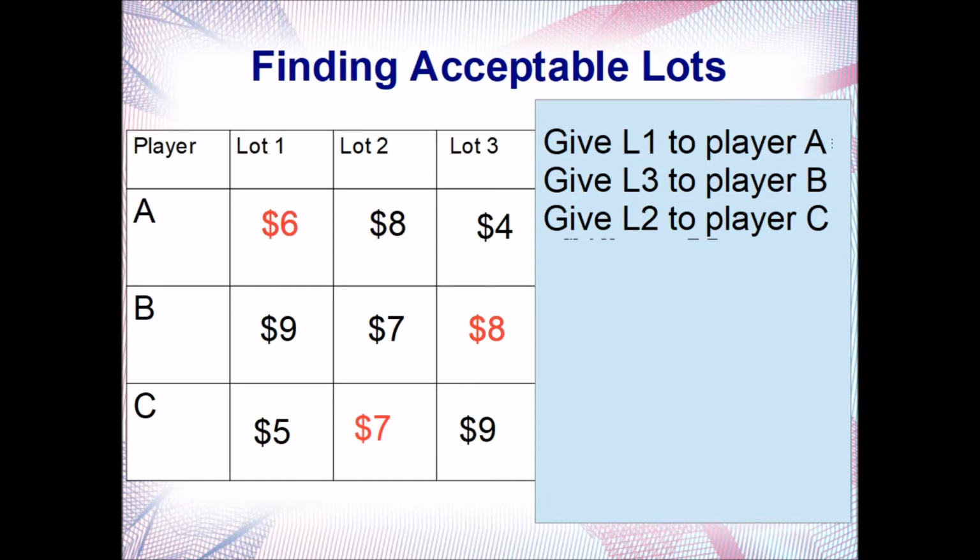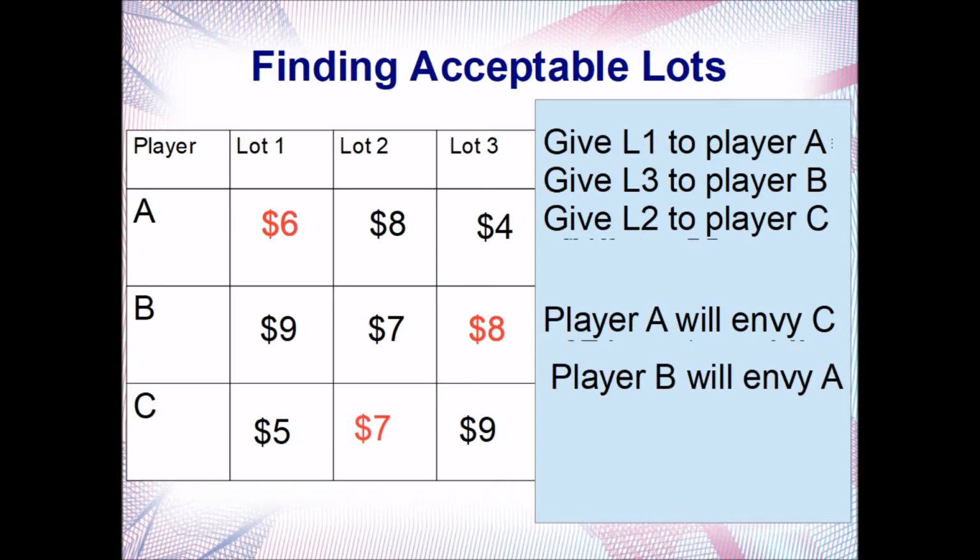Now that I've marked off what everyone gets to make it a little bit easier to see, we'll start doing some analysis here. Player A got lot 1, which is worth $6, but they liked lot 2 better because they think that's worth $8. So they will be envious of player C because player C actually got the lot that player A really wanted.